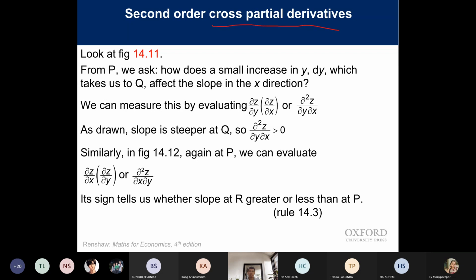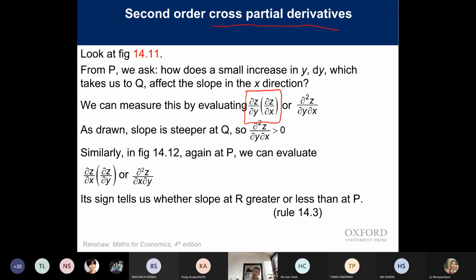What is the second order cross partial derivative, or simply the cross partial derivative? Because you have two variables, x and y, maybe the first time you differentiate with respect to x, and the second time you differentiate with a different variable y.